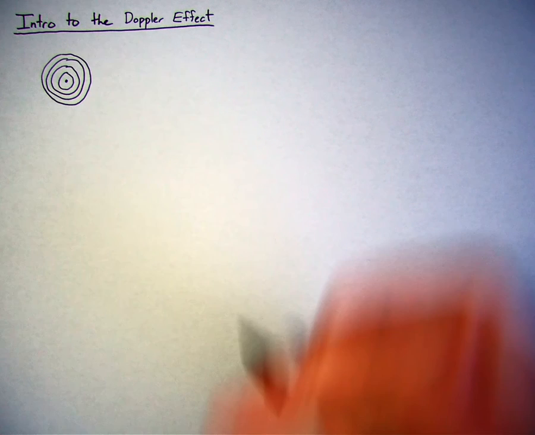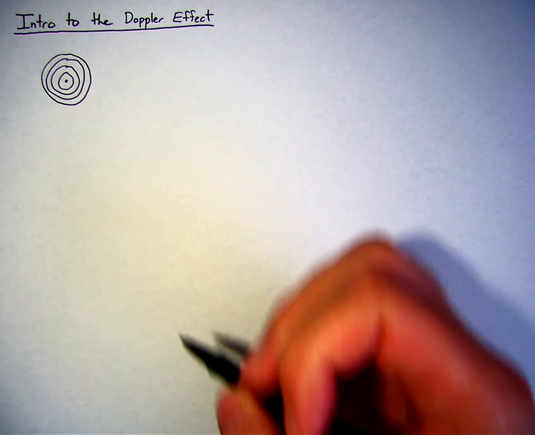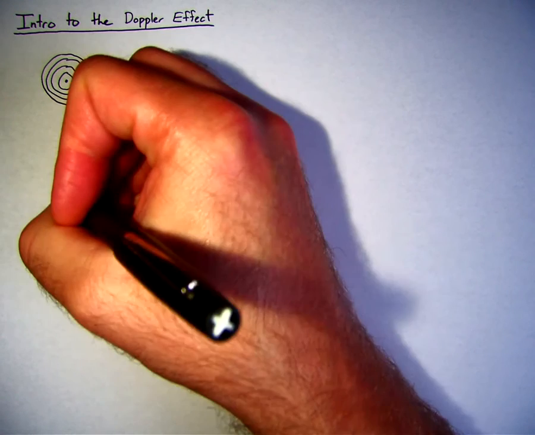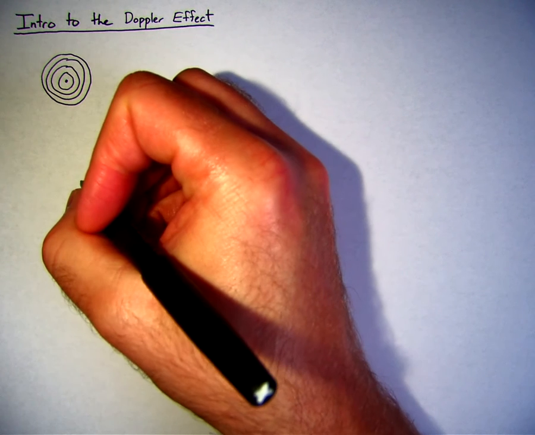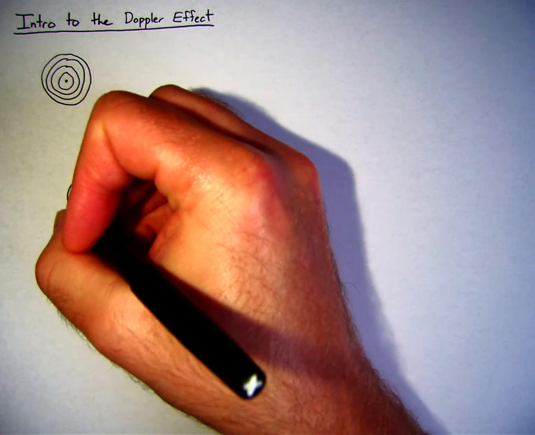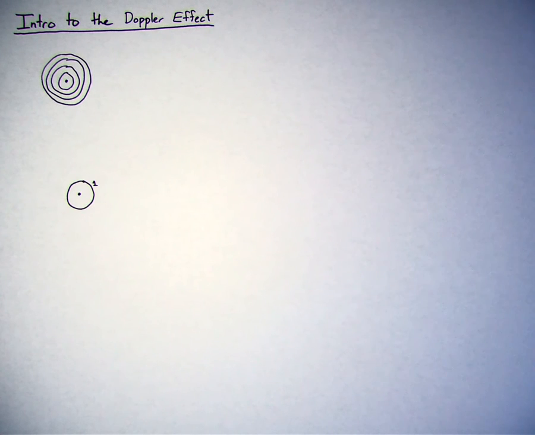Now, let's just say, for an example, I'm going to draw this a little bit larger. If you were to touch the water, let's assume that after 1 second, this is where the wave is going to be.